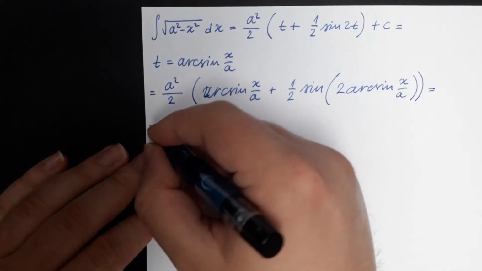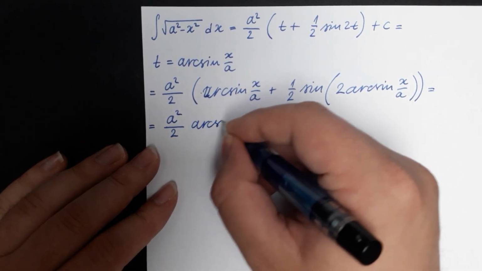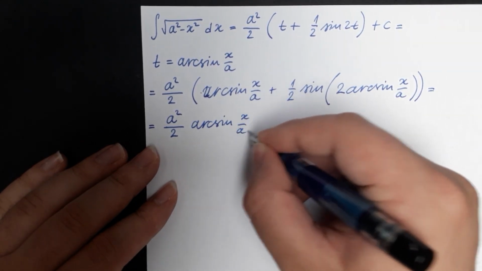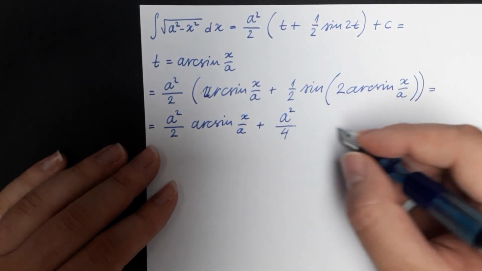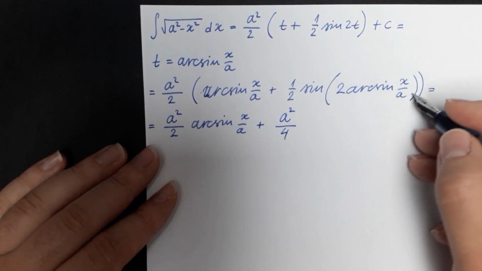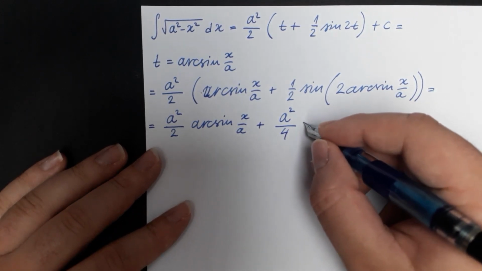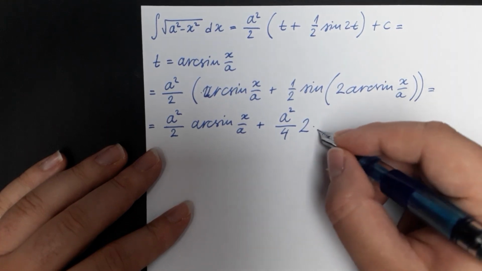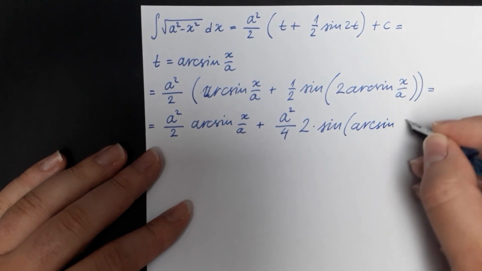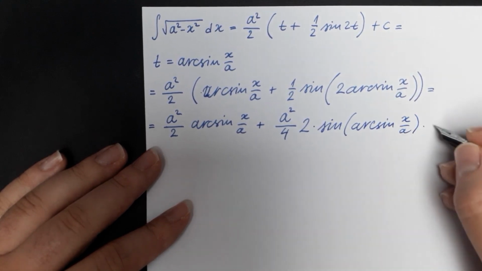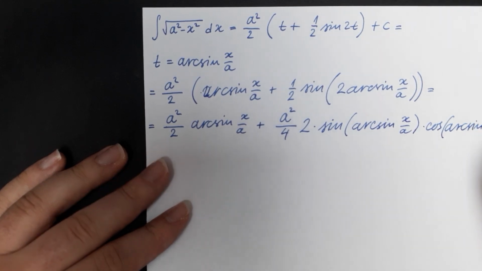Now this is then equal to a squared divided by 2 arcsine of x over a plus a squared divided by 4. This is a sine of a double angle, so we are going to use a formula. The trigonometric formula for that is 2 times the sine of arcsine of x over a times the cosine of arcsine of x over a.